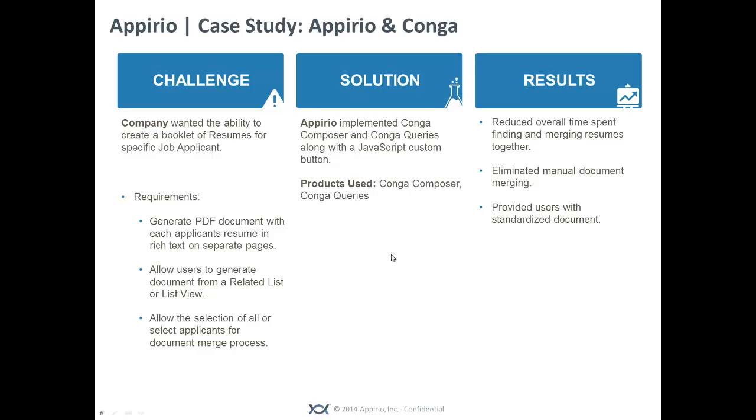So instead of having to copy and paste that into their own Word document that they're building out, Conga was able to save an exponential amount of time, generating a document within seconds, as opposed to taking them 30 minutes to grab potentially 100 resumes and put them into one document. Great, great.